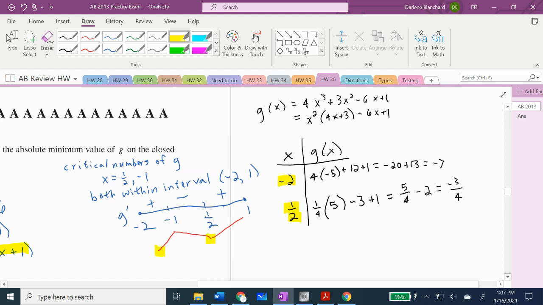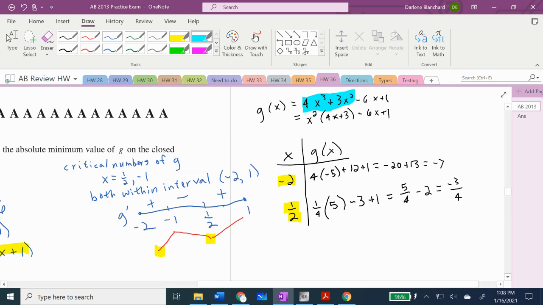I have found that if I'm without a calculator and I need to quickly plug a number into a polynomial, often factoring out the x squared of the two highest degree terms makes the arithmetic a lot easier to deal with.